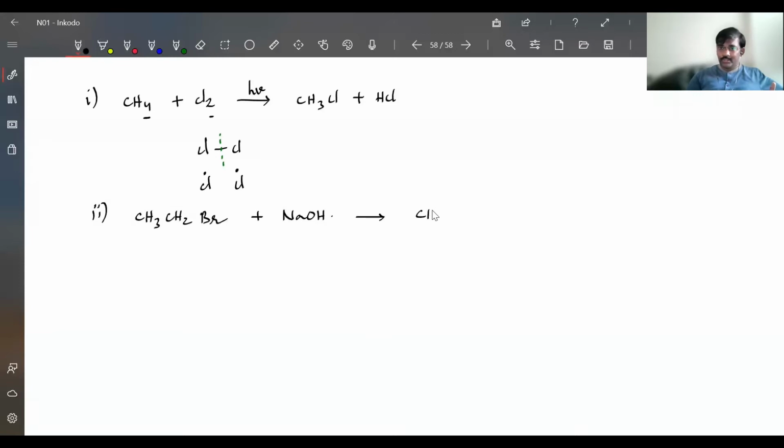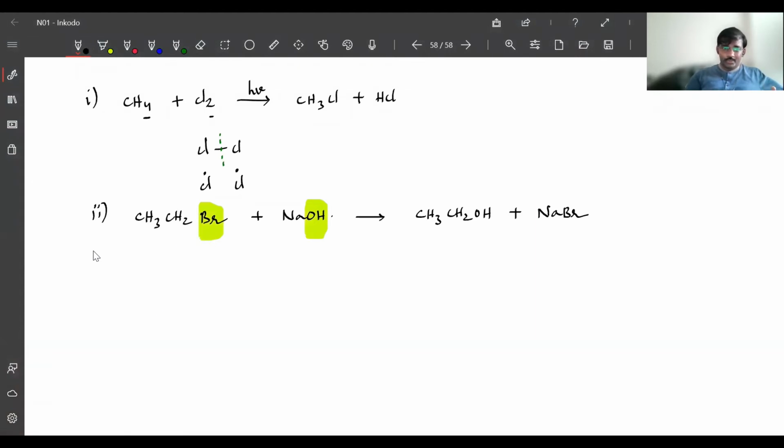So I'll be getting CH3CH2OH plus NaBr. So here the bromide ion got replaced by the OH minus ion. That is a nucleophilic substitution. Bromide ion Br minus is a nucleophile and OH minus ion is also a nucleophile, so one nucleophile is replaced by the other nucleophile.